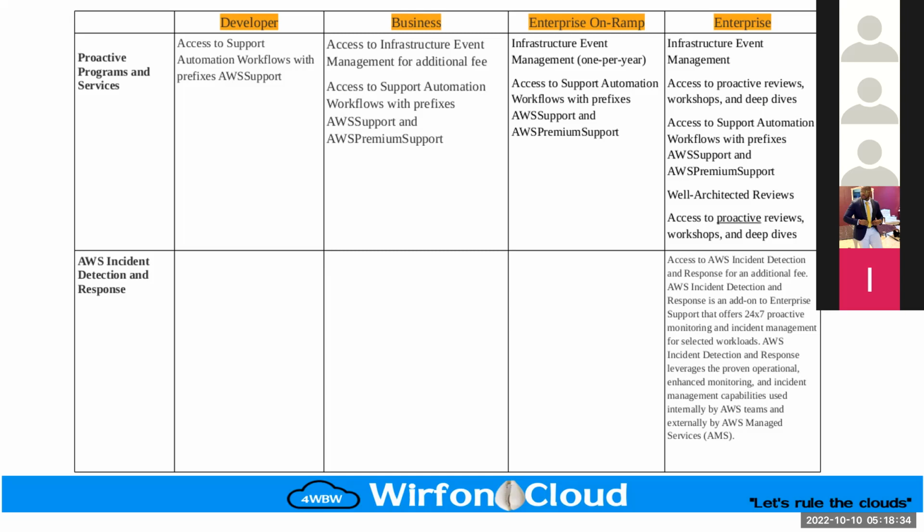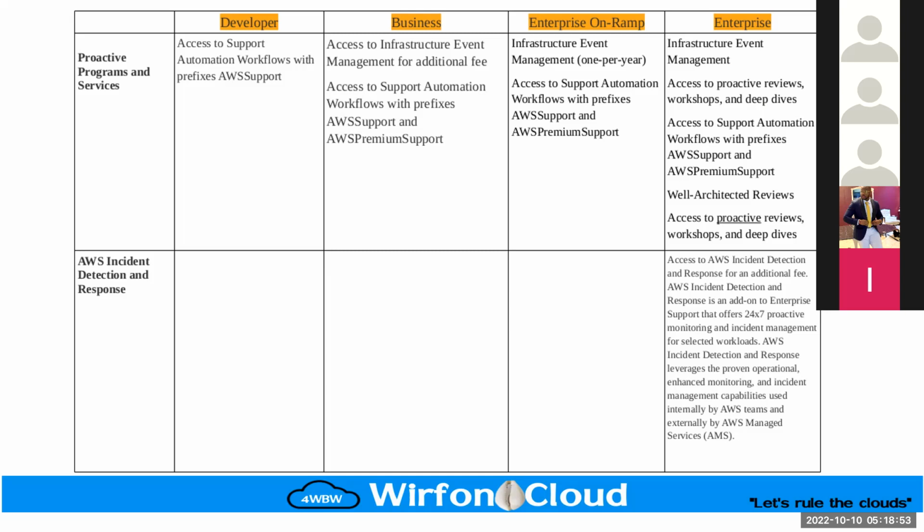Under the enterprise on ramp, we have infrastructure event management, one per year. The next, access to support automation workflows with prefixes, AWS Support, and AWS Premium Support.